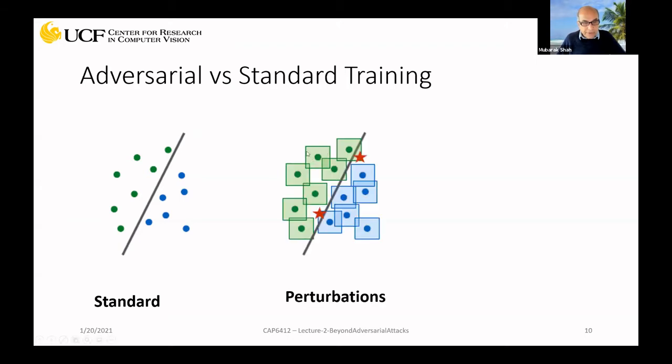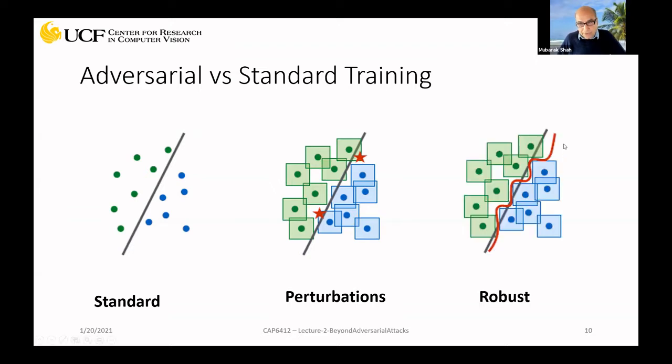You are putting some perturbation on these samples, so this sample can move to the other side, to the blue side, and this blue one can also potentially move to the green side. So that becomes a problem. That's why it is misclassified. What that does is that the boundary of the classifier is changed. So if you now have this boundary incorporate this, then this is a robust classifier. Okay, so that's what we are trying to get.